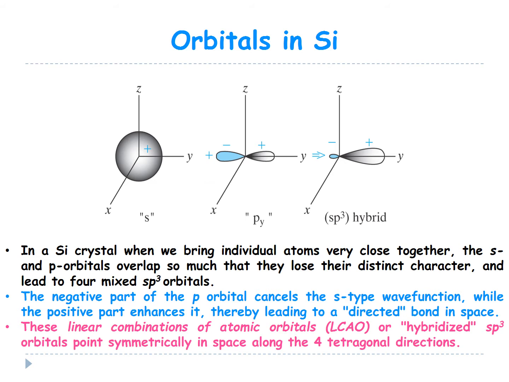As you will see later, in a silicon crystal, when we bring individual atoms very close together, the S and P orbitals overlap.